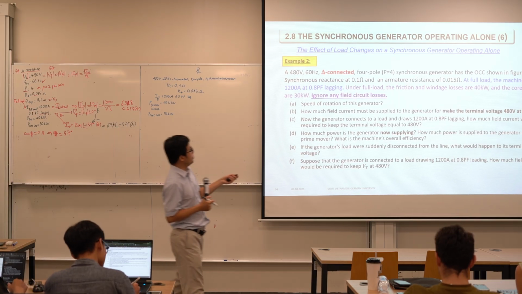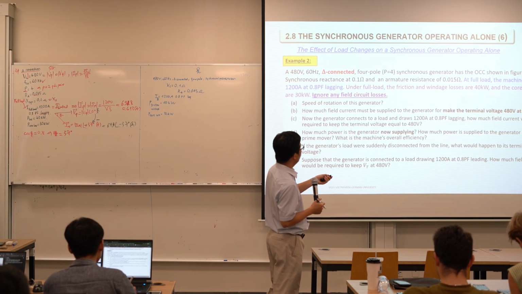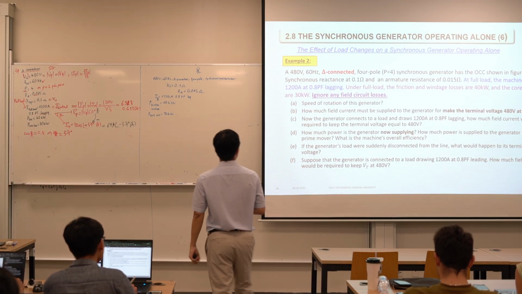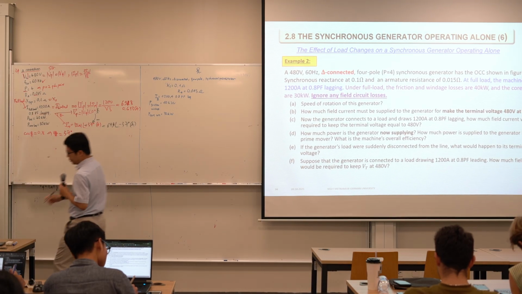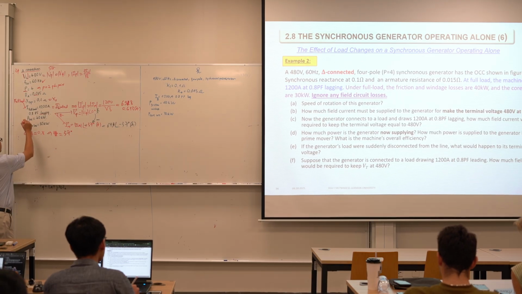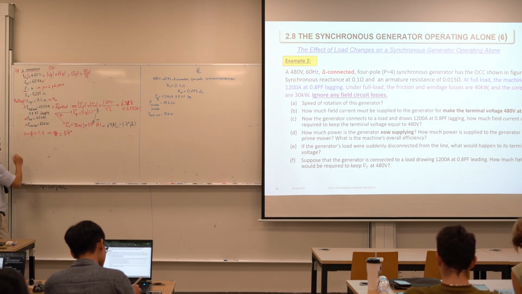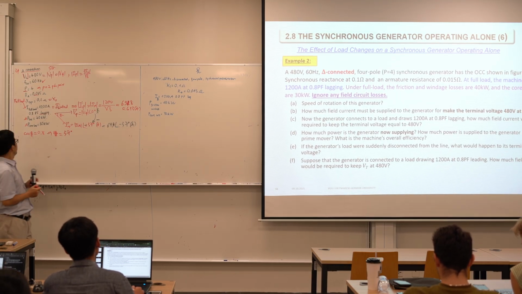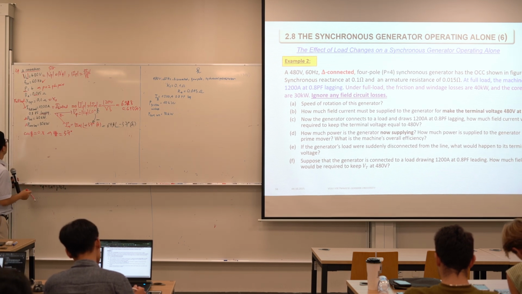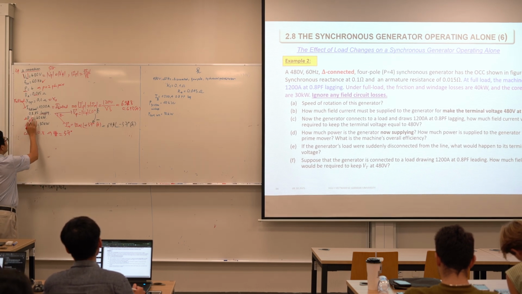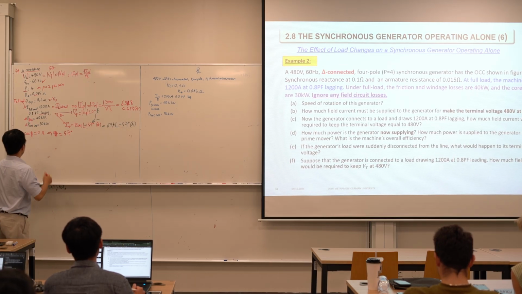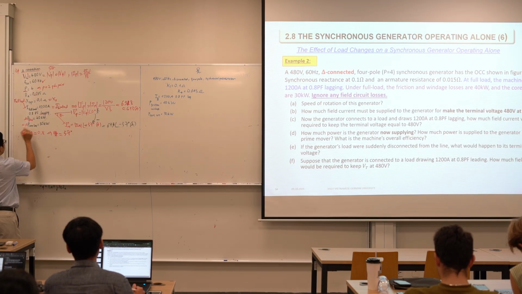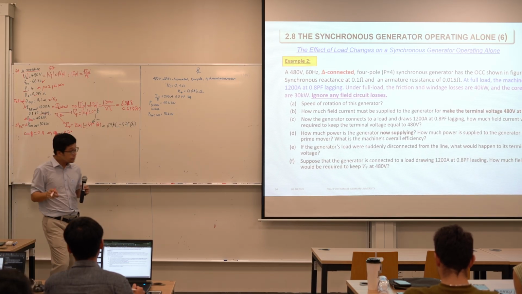Under full load, the friction and windage losses are 40 kilowatts, the core losses are 30 kilowatts. Okay, so here it must be delta P, because it's useful power, right? What is it? No, this one is friction and windage, and we don't need to write delta P for losses because it takes more time, so we just say delta P friction and more.